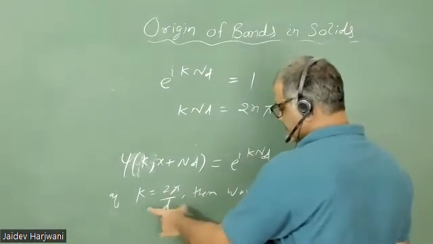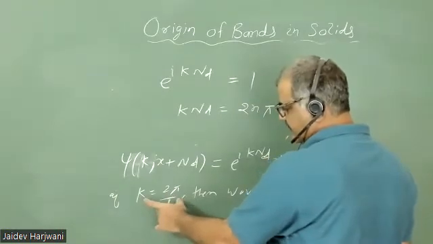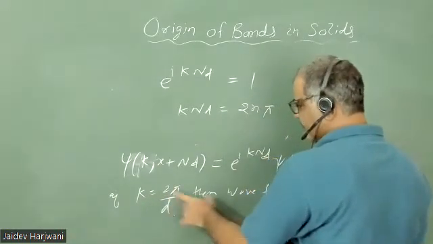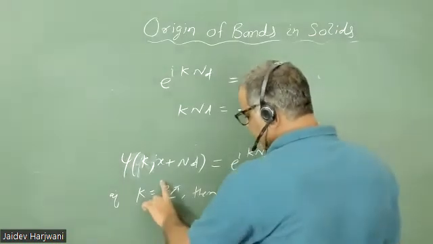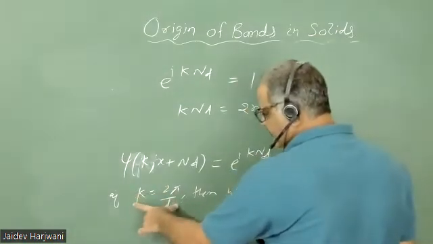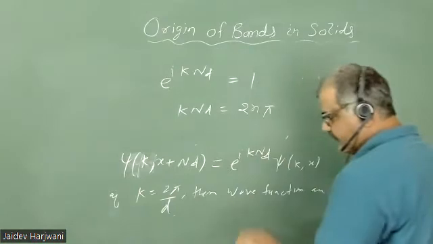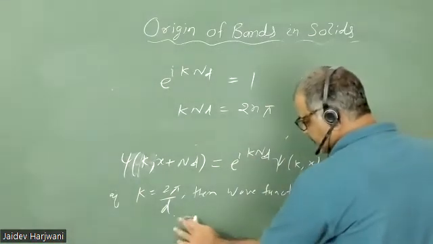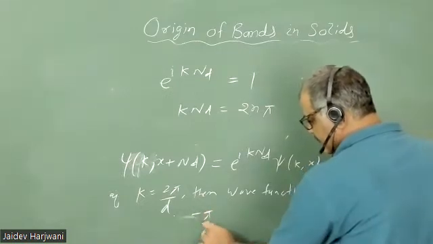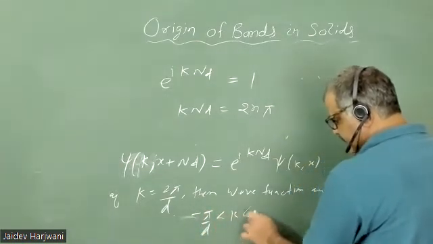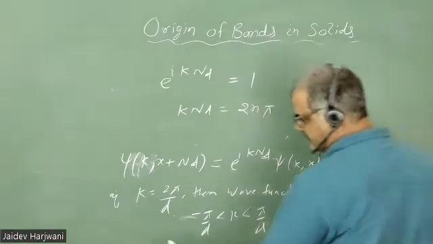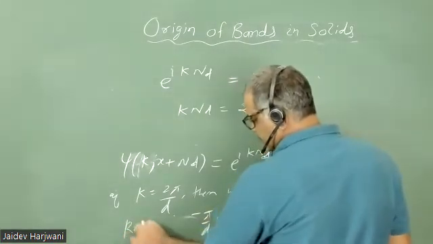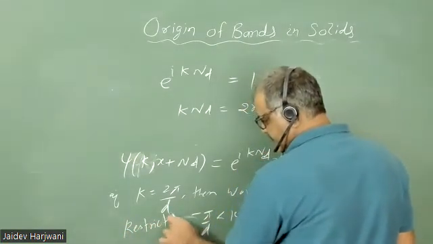At this value of k the wave function is the same, so after this interval of k, the k values repeat. So I am restricting my k values from minus pi by d to plus pi by d. This restricts the k values.